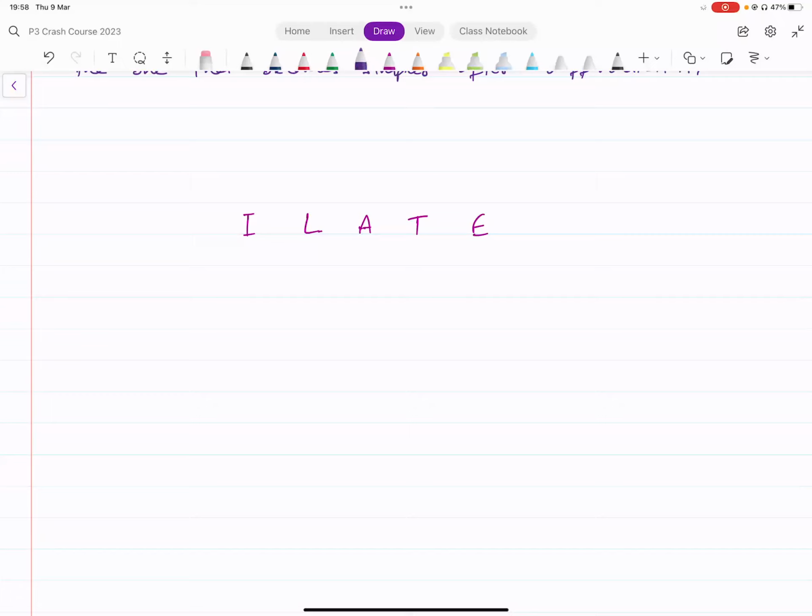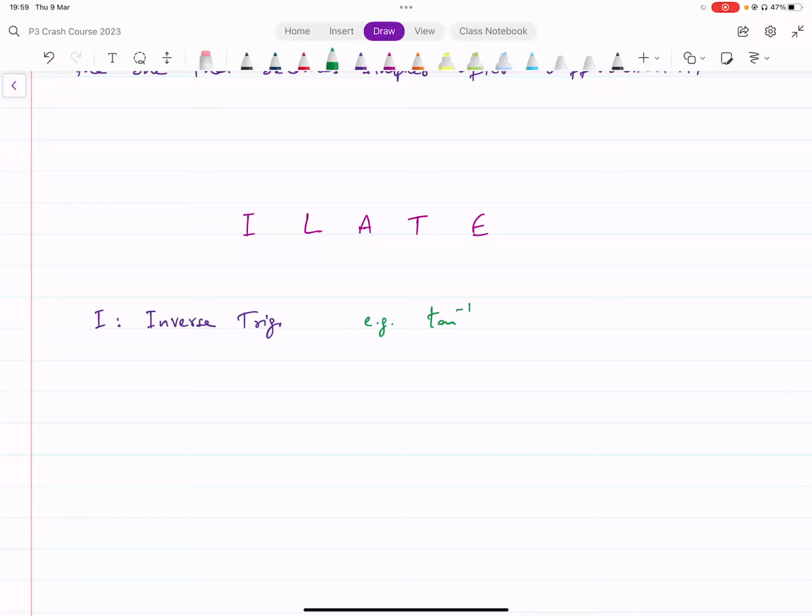Now, in this set of letters, I represents inverse trigonometric function, of which you have only one in your syllabus, which is tan inverse.